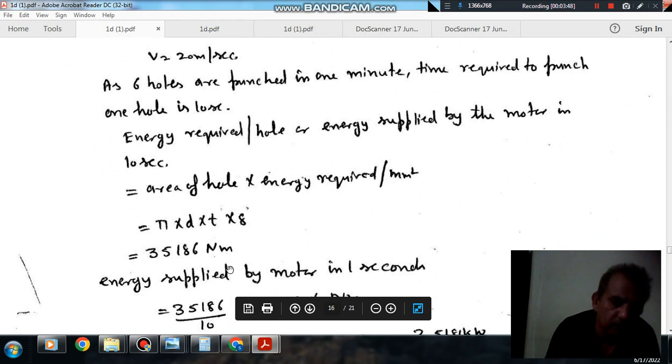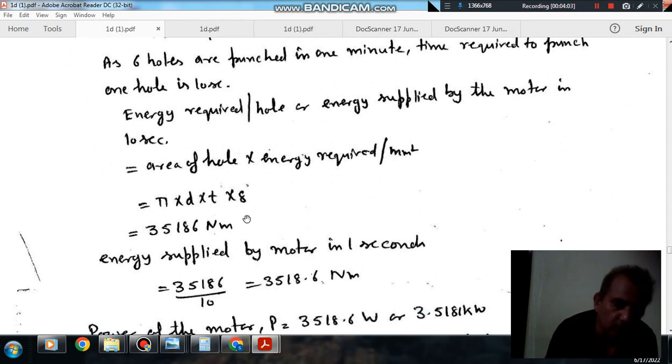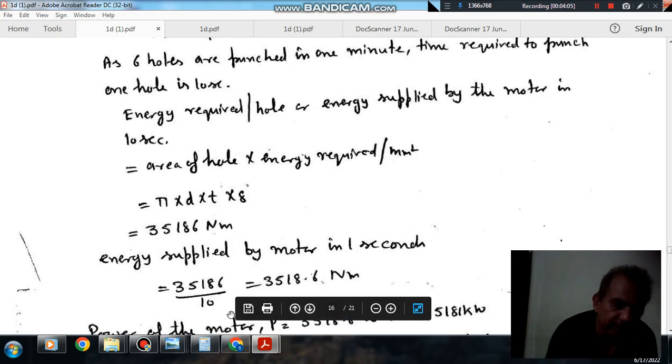This energy has been supplied by the motor, either through the flywheel or directly, in 10 seconds.